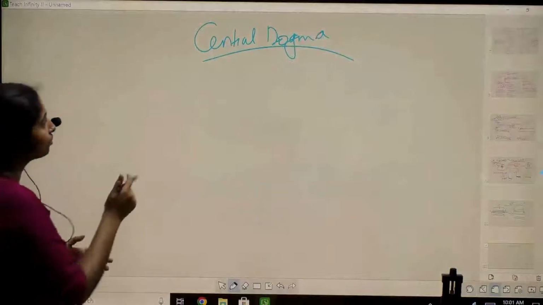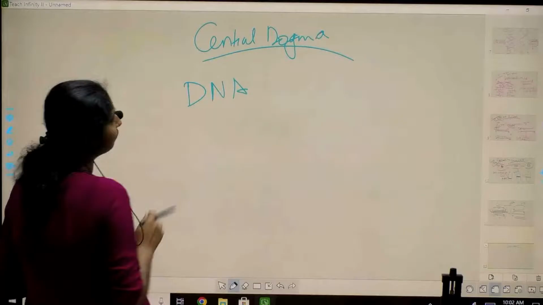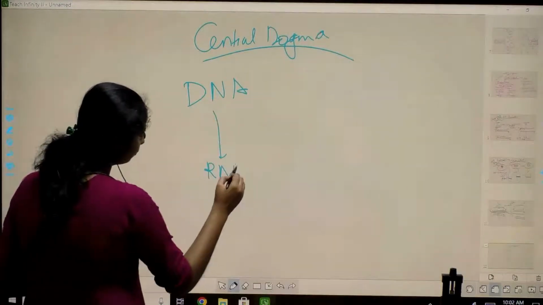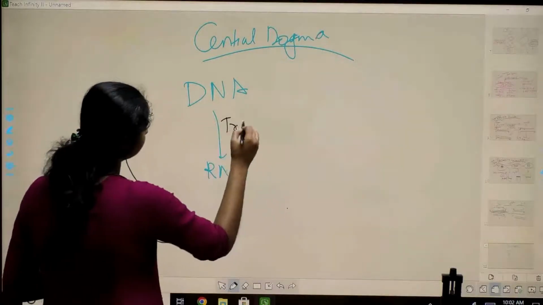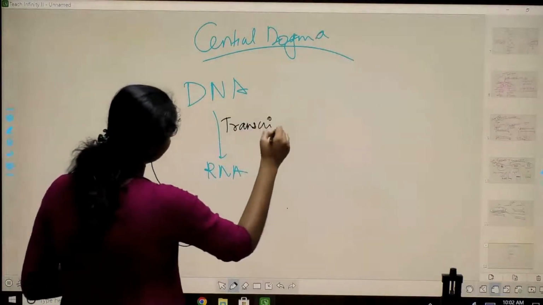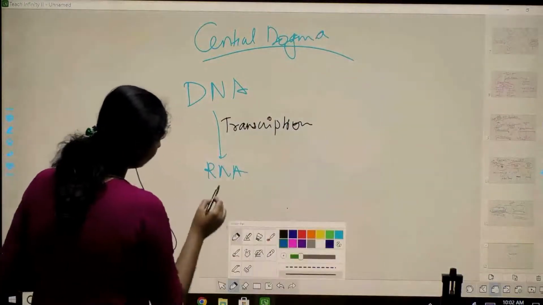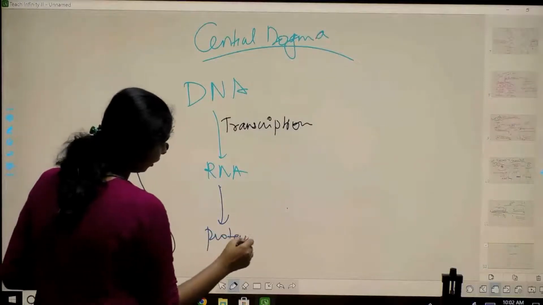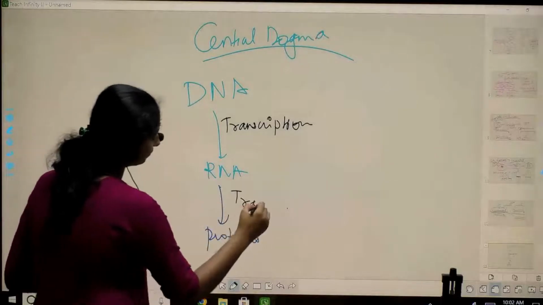The central dogma states that from DNA, RNA is made, through the process of transcription. And from RNA, your proteins are synthesized with the help of the process of translation.